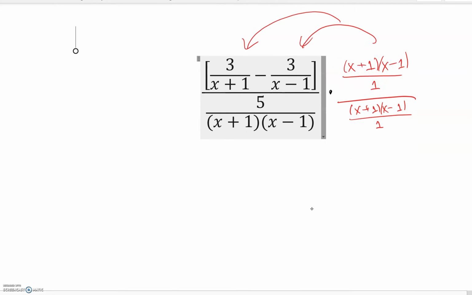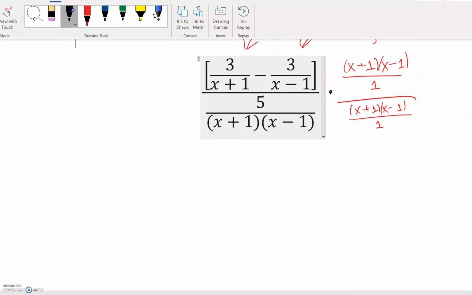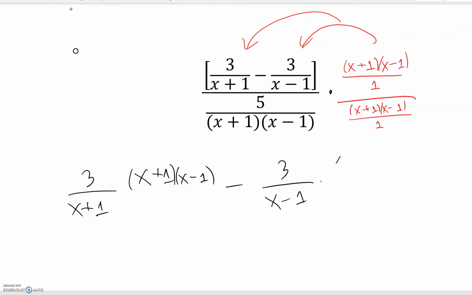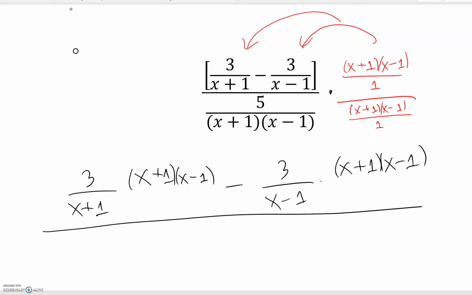So distributing that right across and simplifying our results, what do we have here? Remember that when you do this correctly, you should end up with no fractions on the top and no fractions on the bottom. Notice that for this denominator here, you have 5 over the LCD times the LCD.